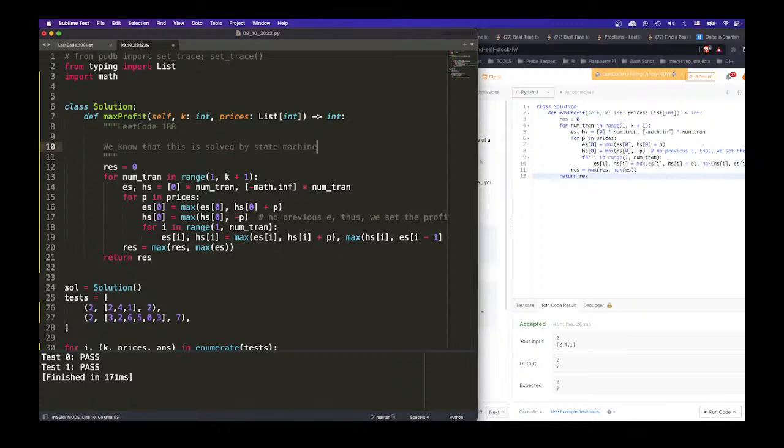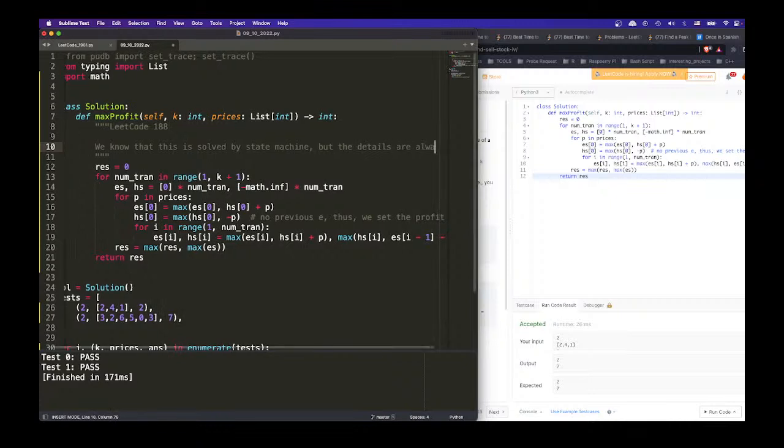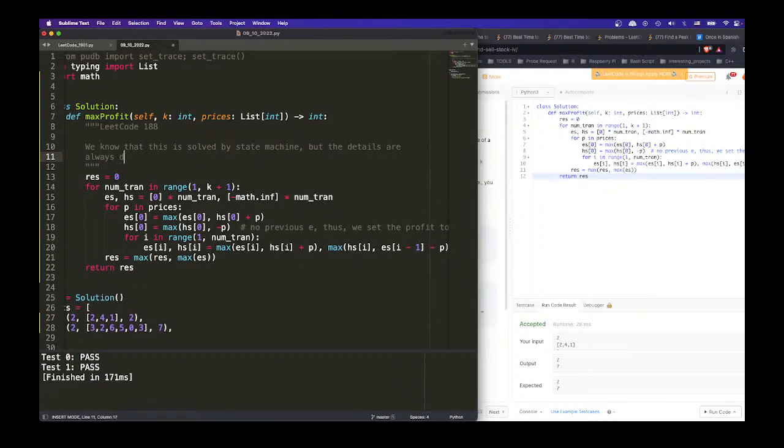By a state machine. But the details are always difficult to straighten out. So remember, the following points are important.